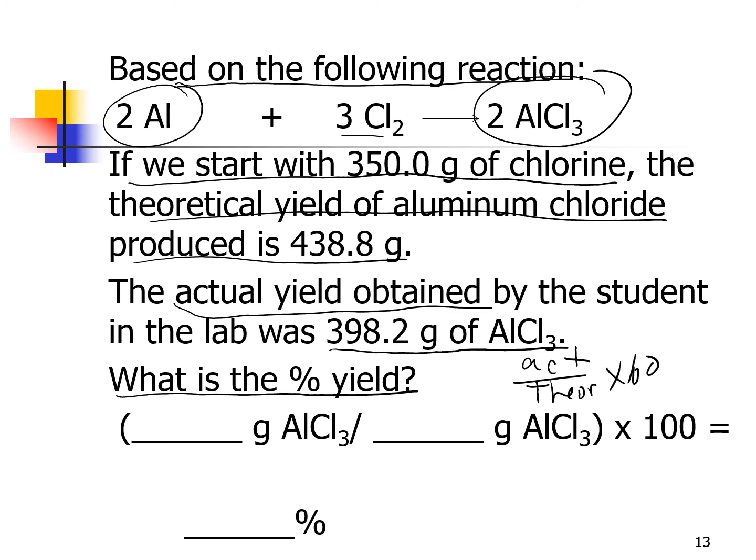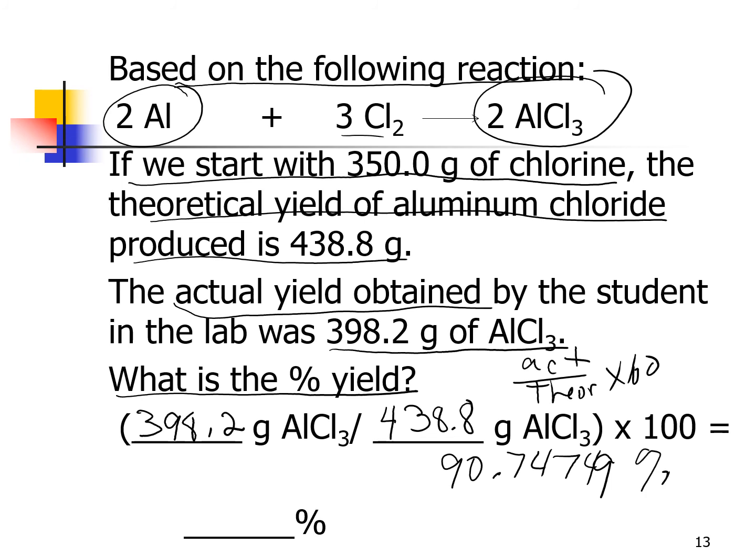So the actual yield was 398.2, what the student produced in the lab, divided by theoretical, which you would have to calculate out based on the amount of reactants you started with. It's 438.8 grams. Then you multiply that by 100, and you would come up with 90.74749%.